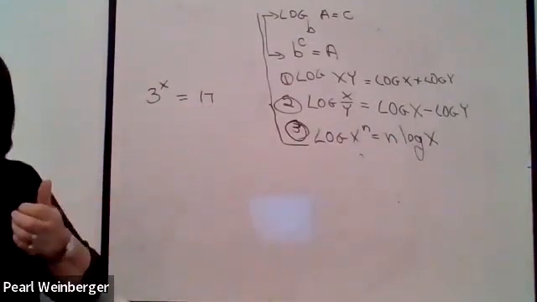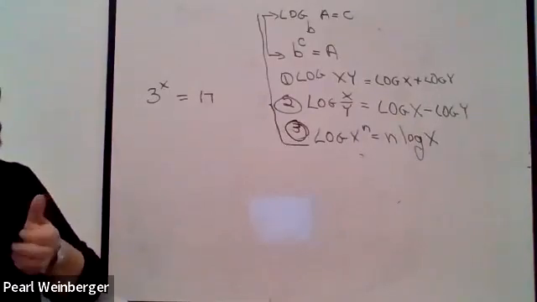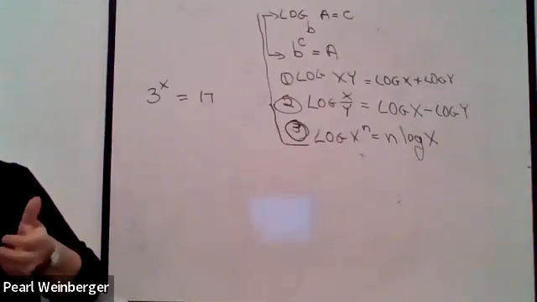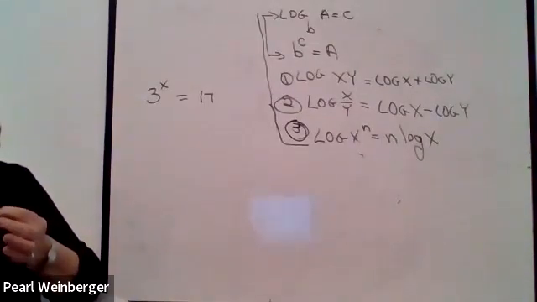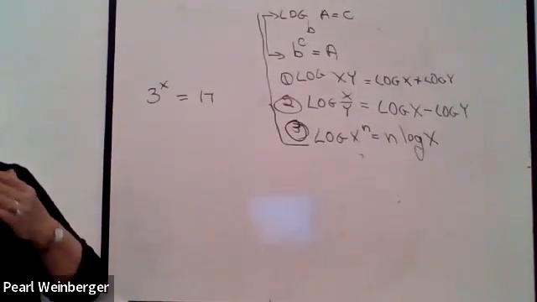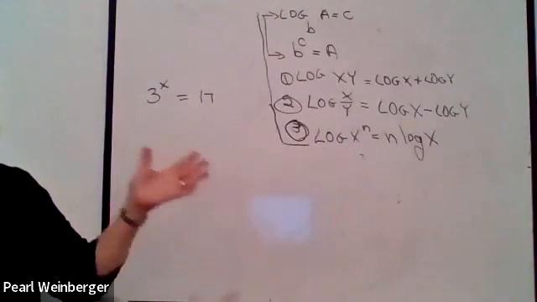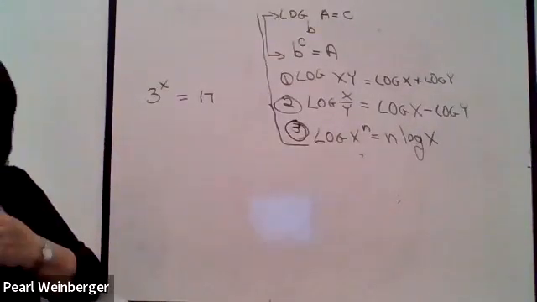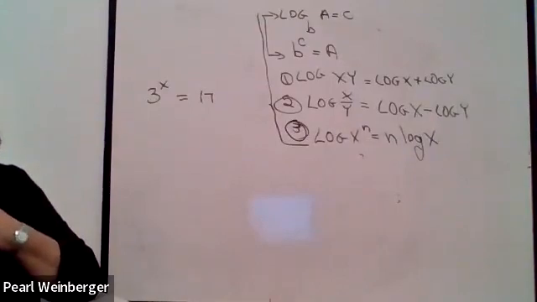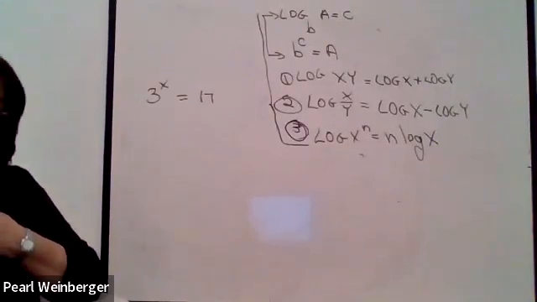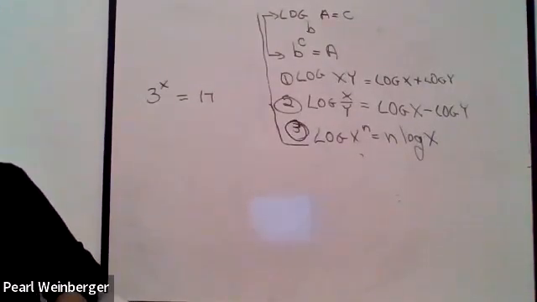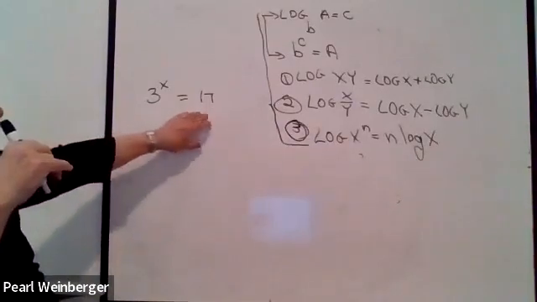Well, if I think about the powers of 3, 3 to the first power is 3. 3 times 3, or 3 squared, is 9, and 3 to the third is 27. We never hit 17. It's not like a 3 on one side and an 81 on the other side, where we could get to 81 by multiplying 3 four times. I'm never going to get an exact number as an exponent that will give me 17 as an answer.